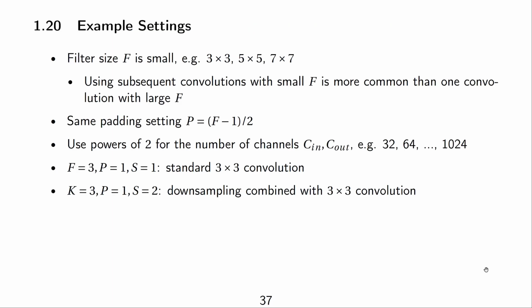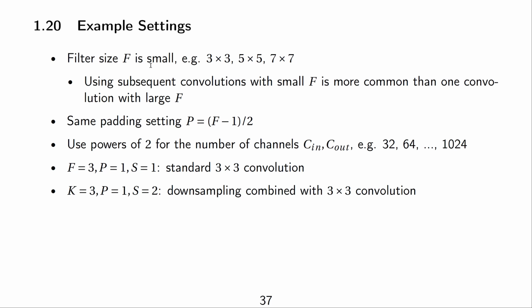Here are some example settings. Often the filter size f is small, so you will see a lot of usage of filters of size 3 by 3, 5 by 5, or 7 by 7. Using subsequent convolutions with small filter sizes f is generally more common than one convolution with a large f.